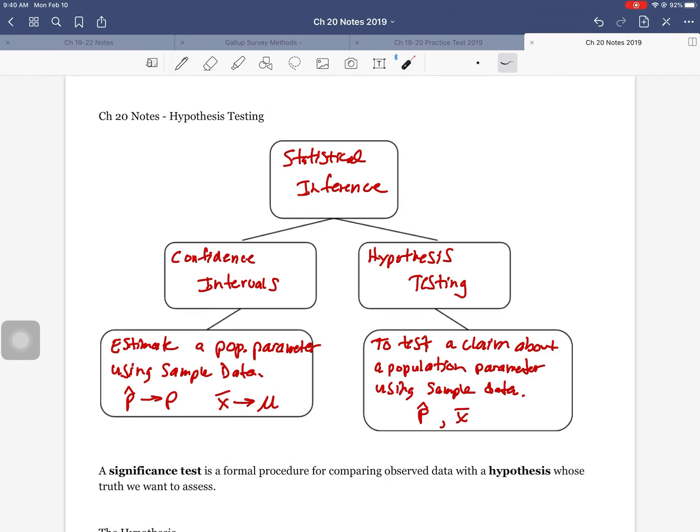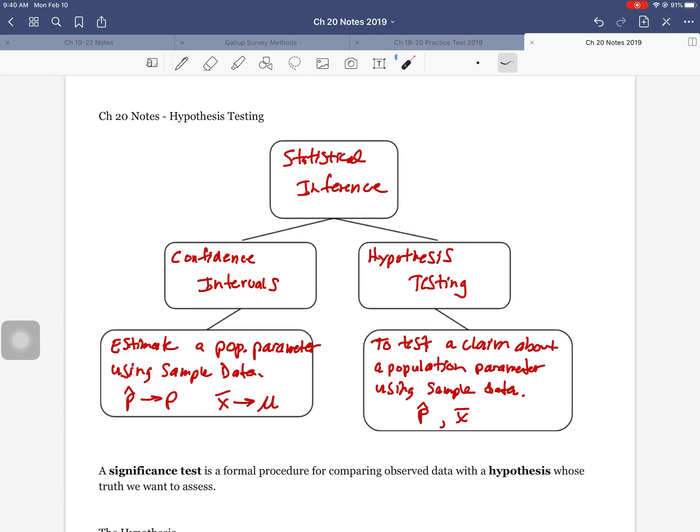On the other side of the flowchart, we have hypothesis testing. And hypothesis testing is to test a claim about a population parameter using sampled data. So notice we're not trying to estimate the population parameter, but we're trying to either prove or disprove someone's claim about a population parameter. So they're really two different things.